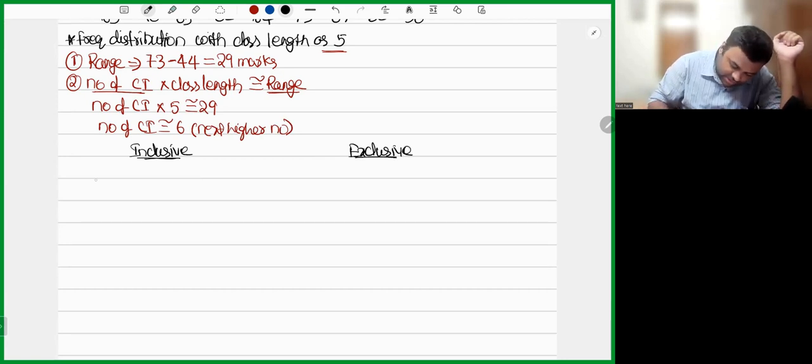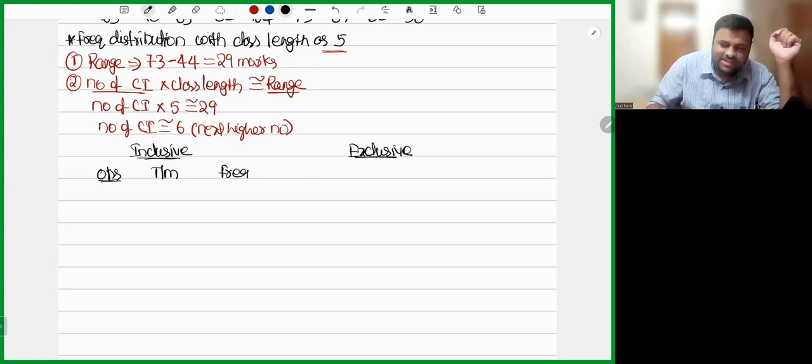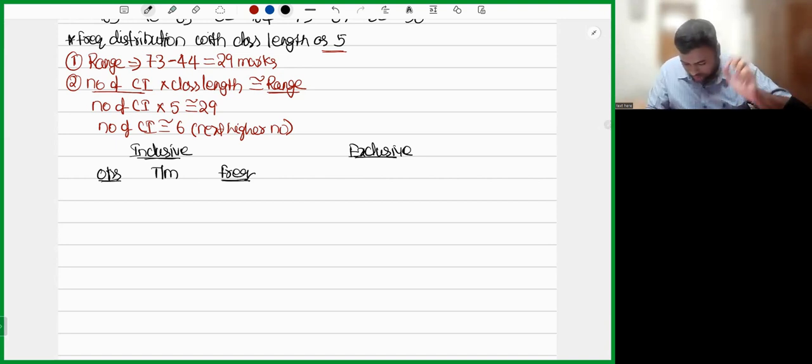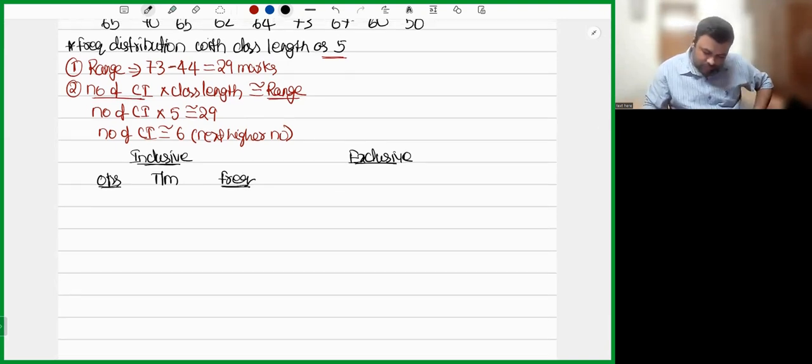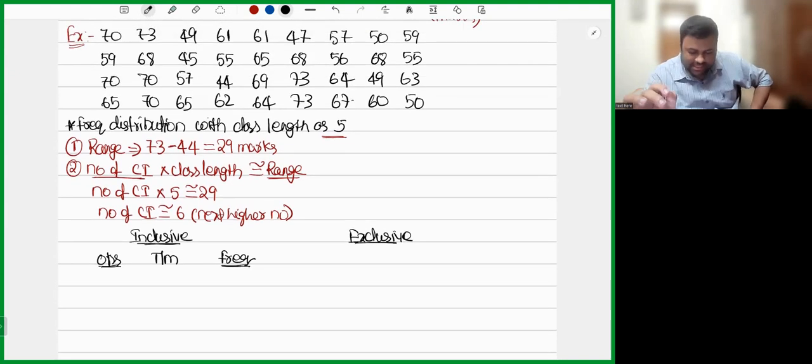First observations, then tally marks, then frequencies. Tally marks. Children used to do tally marks when they are small, but now I don't think so. Tally marks are required. Now, what is the starting point? The starting point is 44.